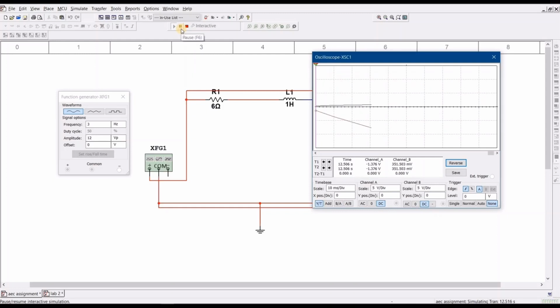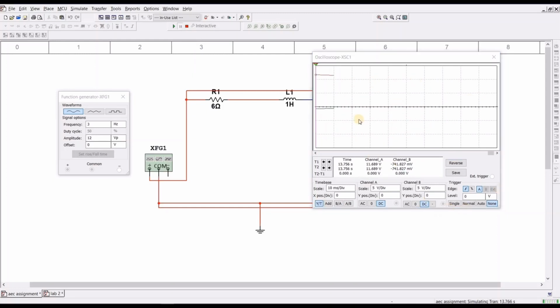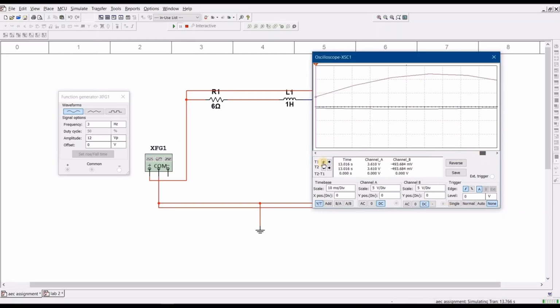Okay, let's pause the waveform for a while. This waveform is quite big, so we can use the scale to see the waveform. Okay, it's now clear. Okay, this is the initial of the waveform and this is the final of the waveform.